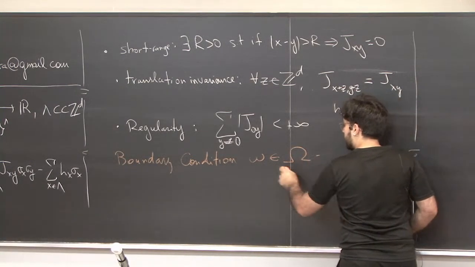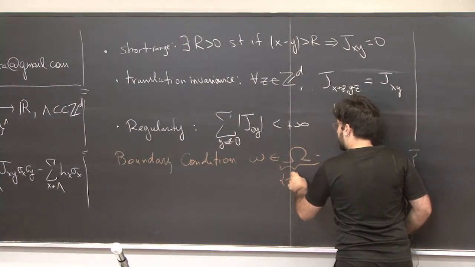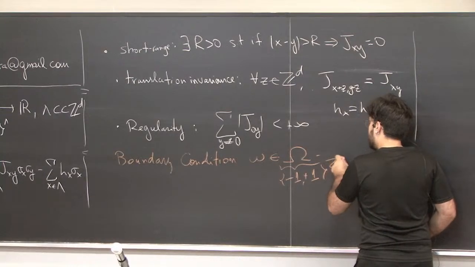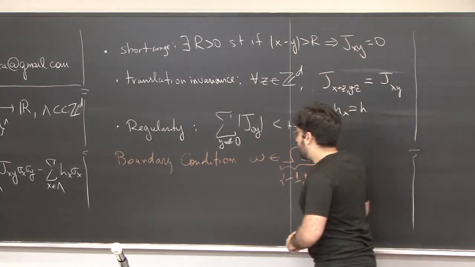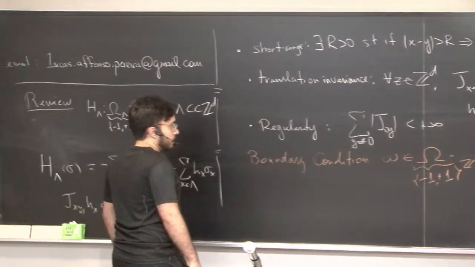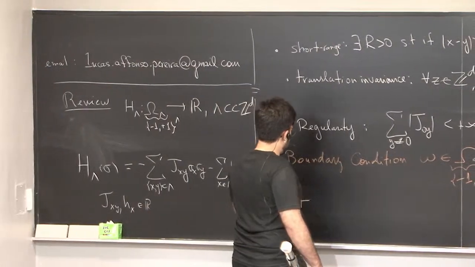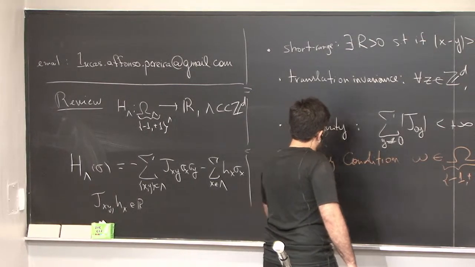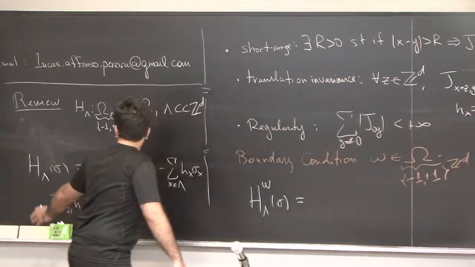Remember this configuration space is just {-1, +1}^{Z^d}. And what you do is that you define the Hamiltonian with a boundary condition as being this Hamiltonian.